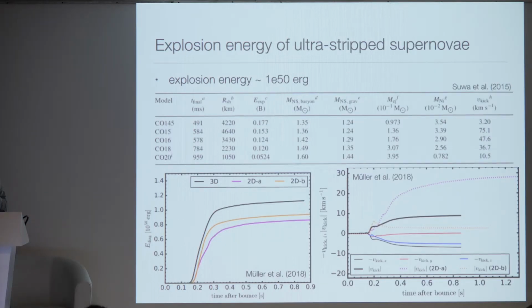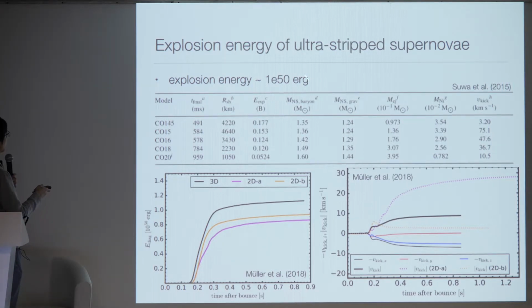And another important point: this is a numerical simulation of neutrino-driven explosion for ultra-stripped supernovae, with different core masses, and what people get. This is one example of a result of the supernova explosion simulation, from another group, but they get basically similar results.